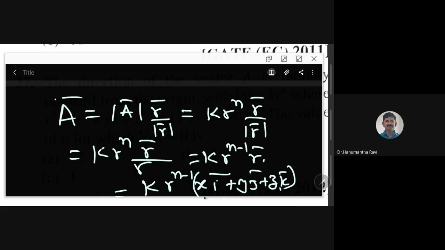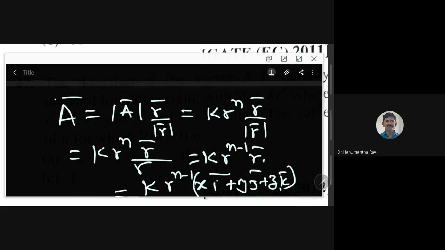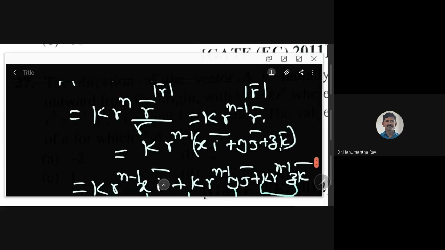Modulus of a bar into that direction. It is okay. Unit vector along r bar is r bar by modulus of r bar. So kr power n minus 1. Why did I take kr power n minus 1? Because it is given as modulus of a bar is kr power n, right? So it is kr power n r bar by r, so it is right.